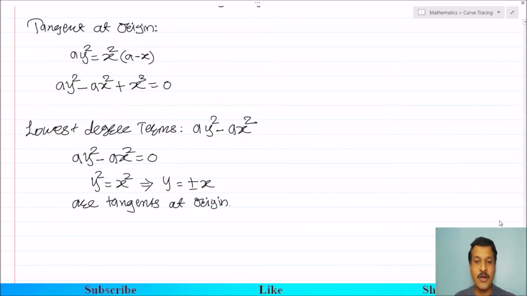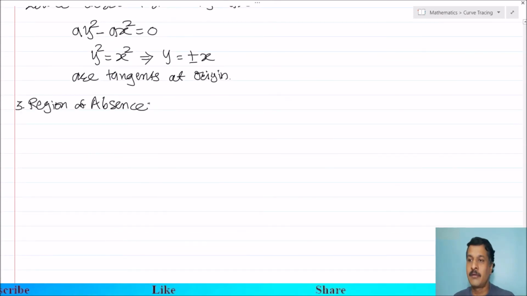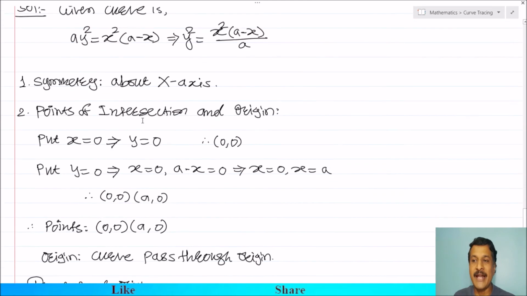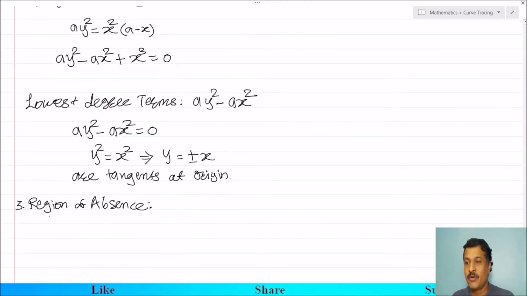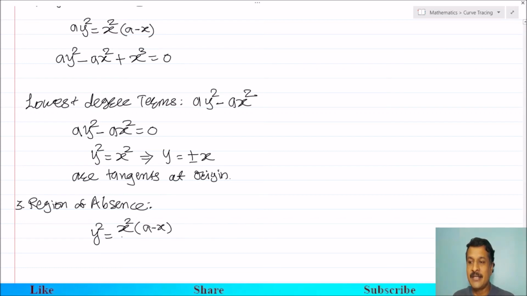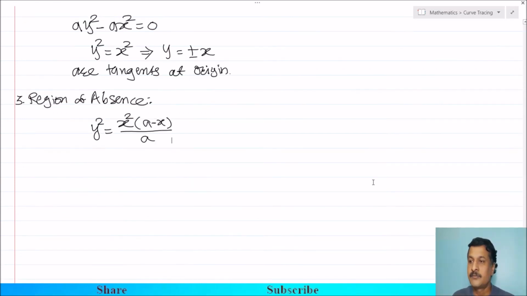Next, region of absence, third point. So how to find? Here symmetry about x-axis, therefore you write y square equal to, or y equal to f of x. So y square equal to x square into a minus x upon a. So when y square becomes negative, the left hand side becomes negative, when the right hand side is negative. a is always positive, you consider, right?